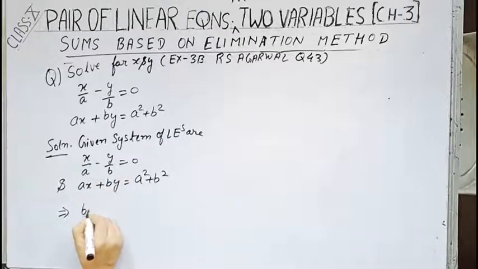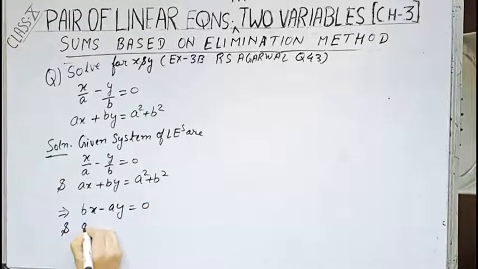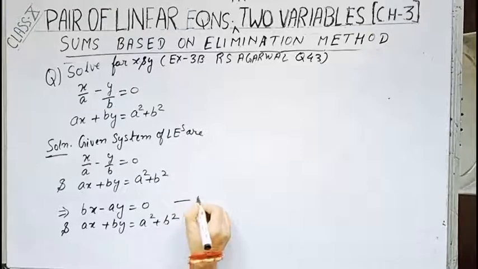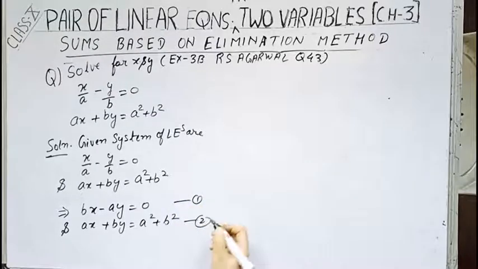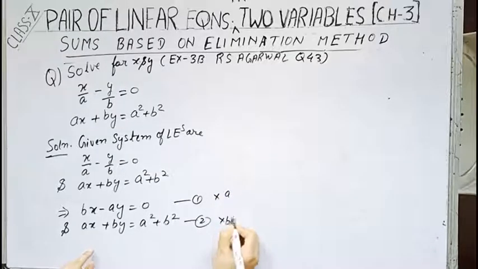This implies bx minus ay equals 0 and ax plus by equals a square plus b square. Now to make the coefficient of x or the coefficient of y the same, I have to multiply the equations. So let us make it equation 1 and this as equation 2, and multiply this with a and this with b.